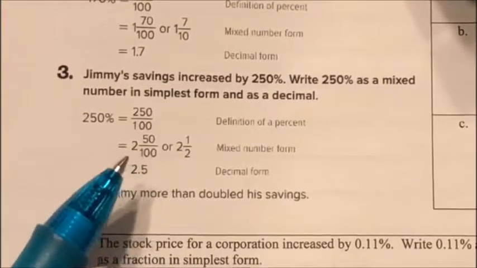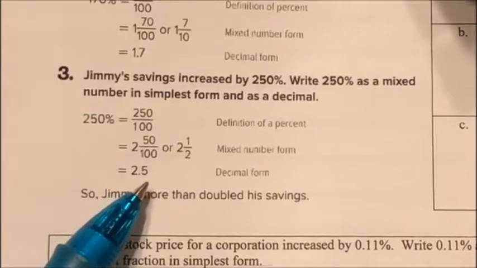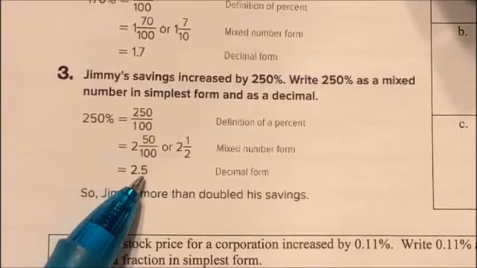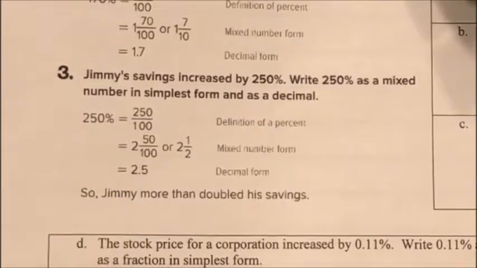This becomes 2.5. So 50 over 100, really it's like saying 0.50. Again, it's a terminating decimal. So Jimmy more than doubled his savings.